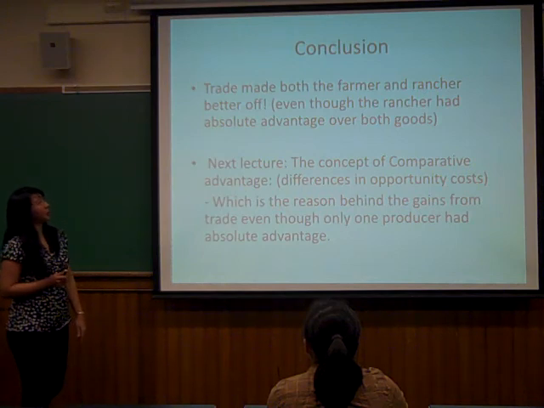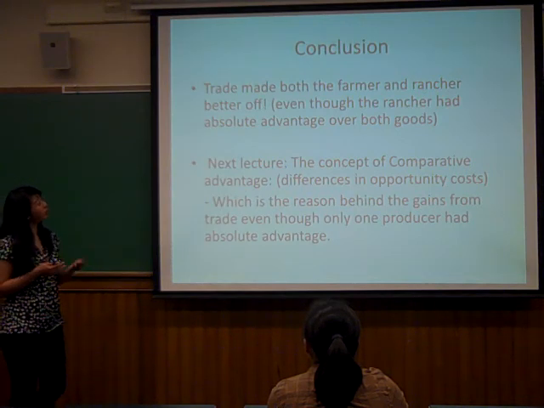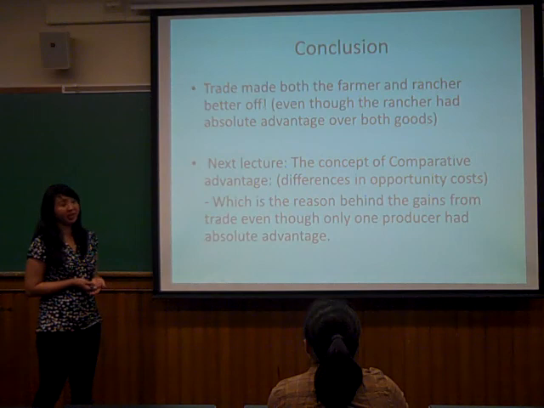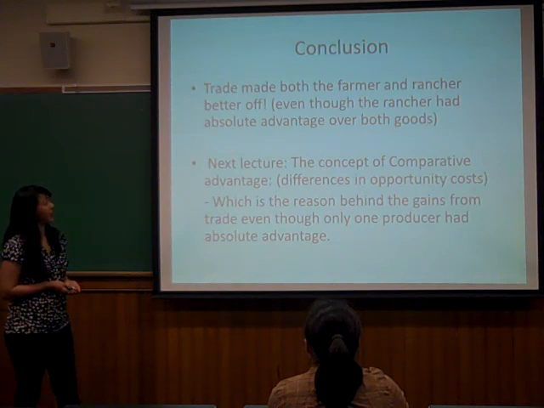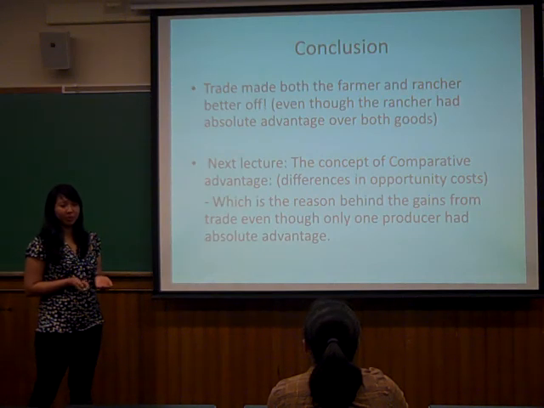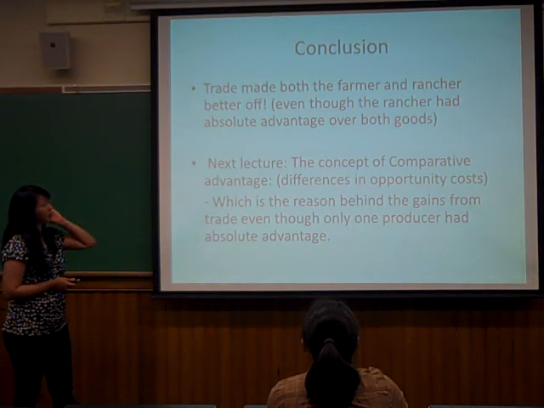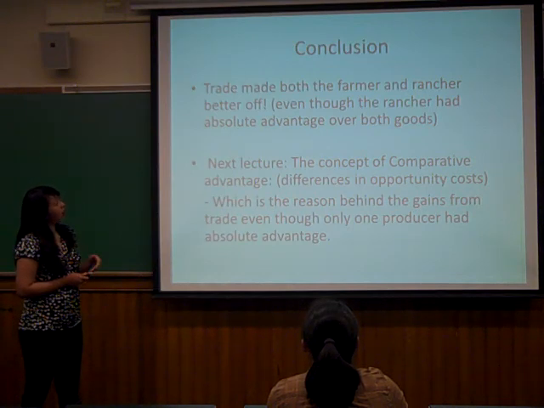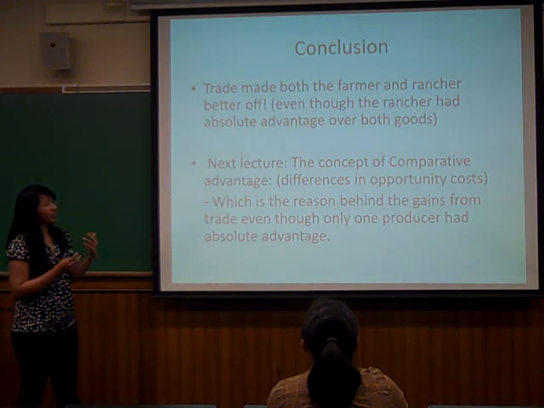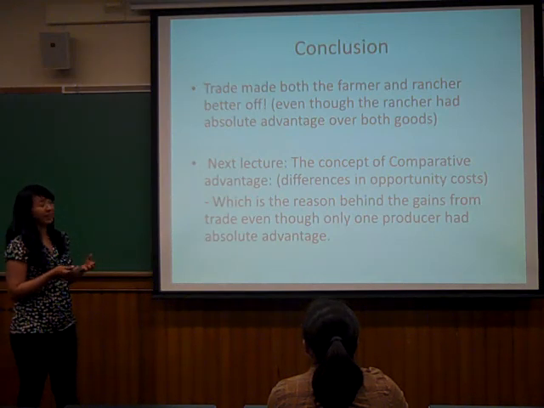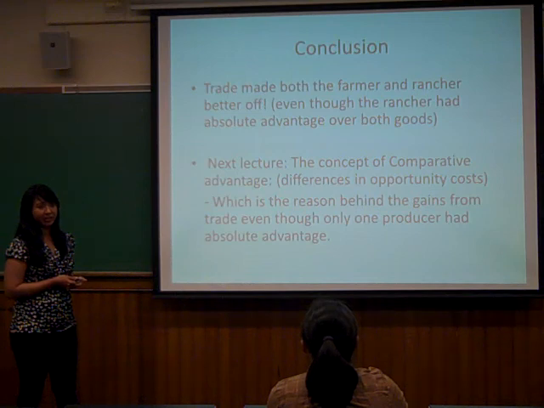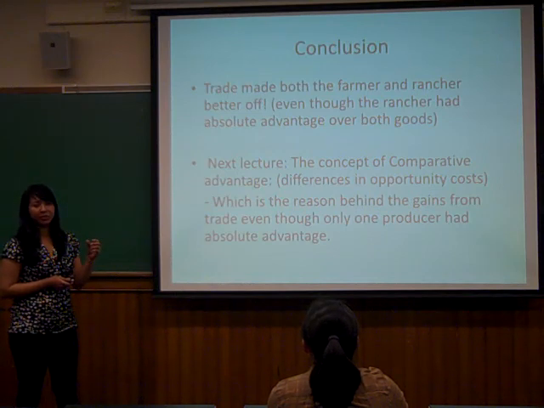So this example showed how trade made both the farmer and the rancher better off, even though the rancher had absolute advantage in both goods. This example shows how countries and individuals can gain from trade even if they do not have absolute advantage.